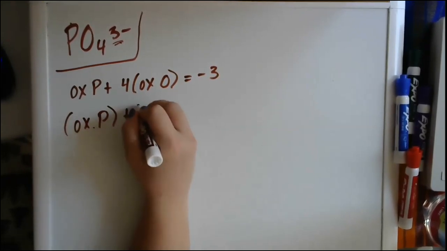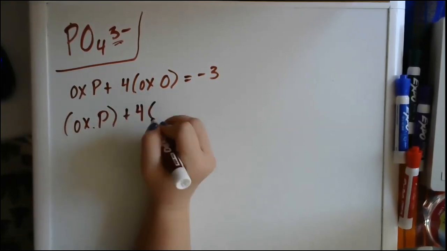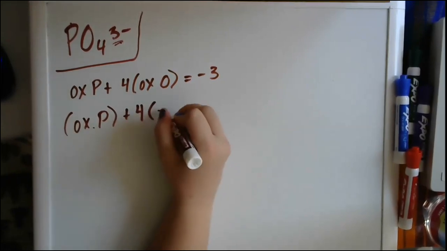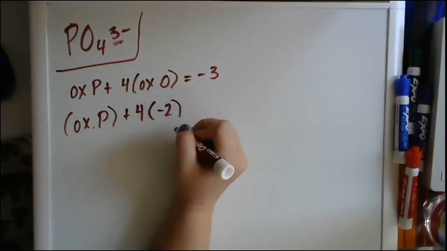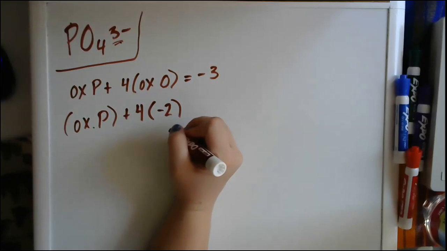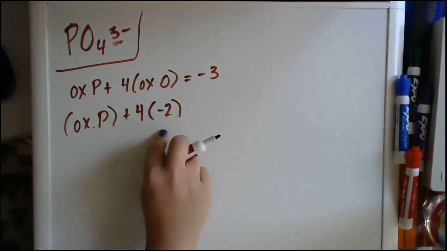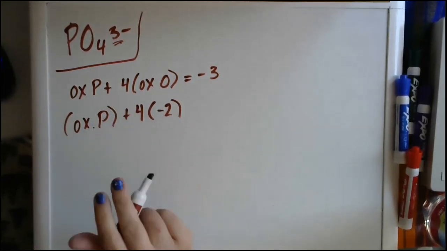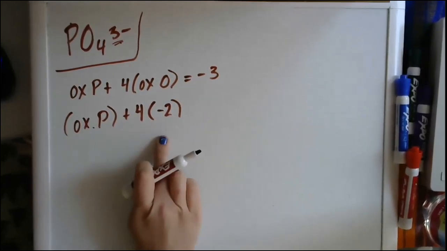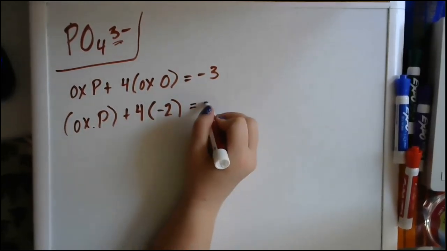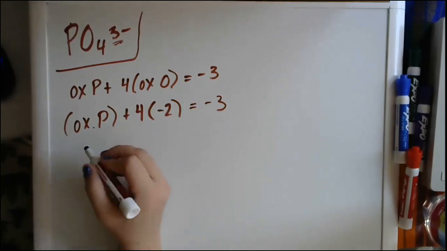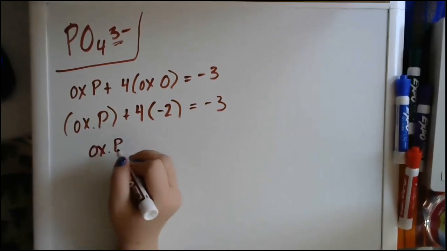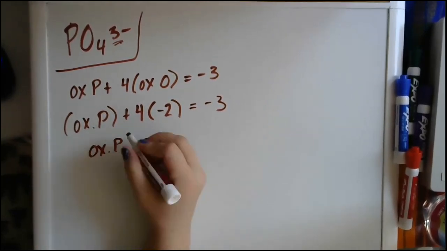But I do know that each of my oxygens is going to have an oxidation state of -2. And I have 4 of them, so I'm going to count each oxygen here. And when I add these values together, it's going to come out to -3. So 4 times -2 is -8.